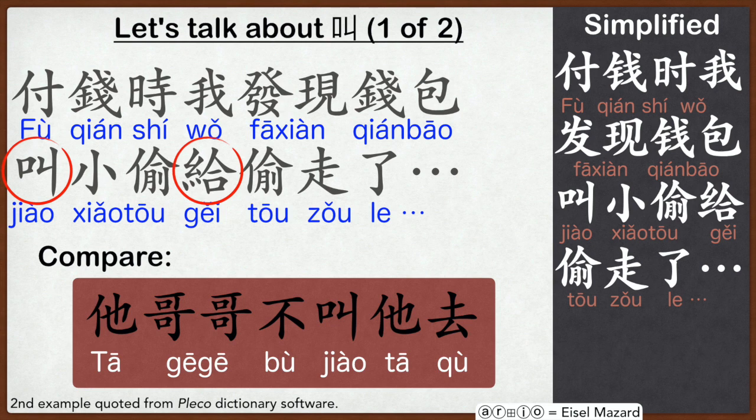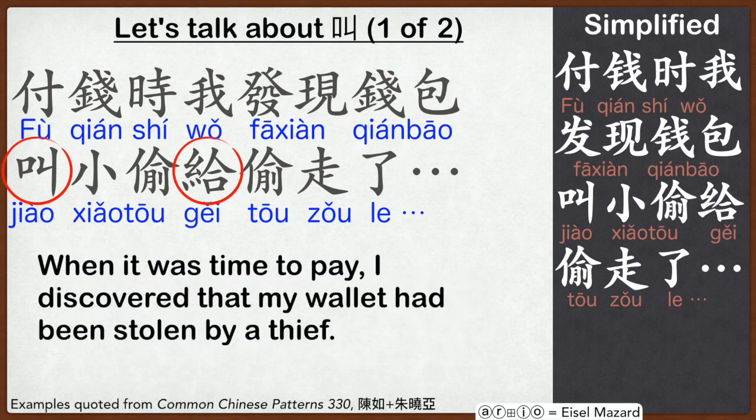So there's a whole category of meanings with jiao that are vaguely similar to the passive voice in English. They have to do with allowing something to happen, or in the case of being robbed by a thief, the happenstance of something having been the case.